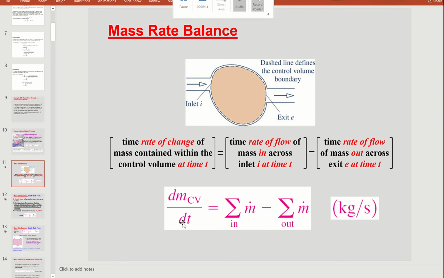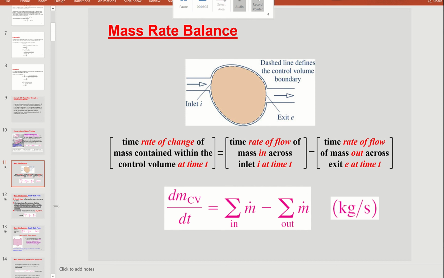That's another equation. Why do we have sigma in and sigma out? Because sometimes you might not have just one inlet and one outlet. You might have multiple inlets, for example two inlets, so you combine both of them, and you might have three outlets, so you combine all three to consider all the mass going out.